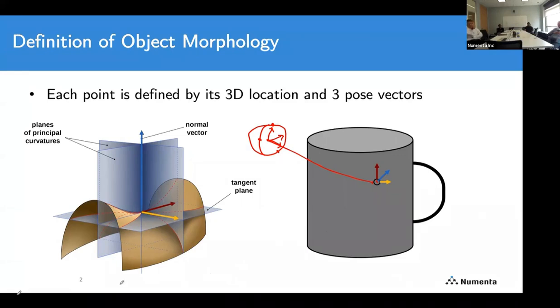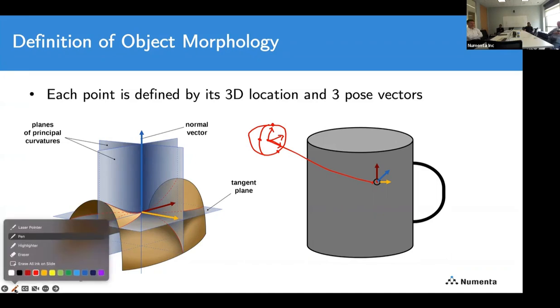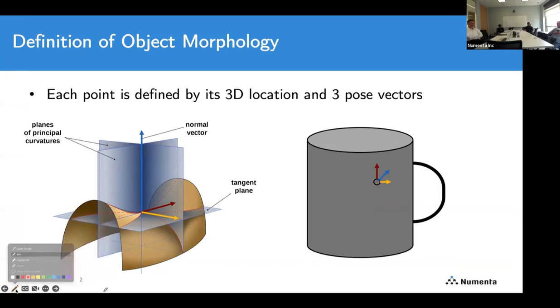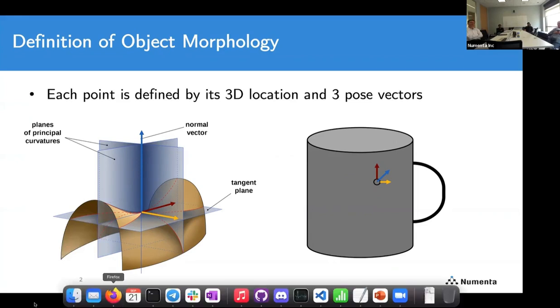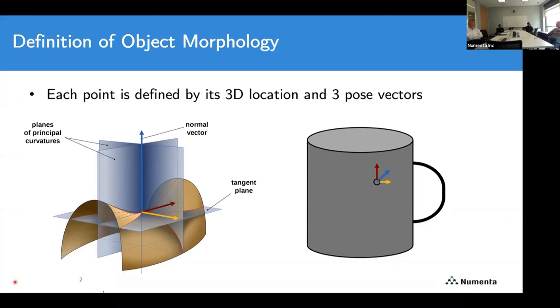When I think about 3D location, I think of 3 numbers. Right, but then you say 3D location, 3 pose vectors. I was thinking, oh, those are unit numbers, 3 numbers too, but it's 9 numbers. All right, I got it. And you need different numbers because you could have different flatnesses of the curve. I understand that. The point normal is not... I got it.